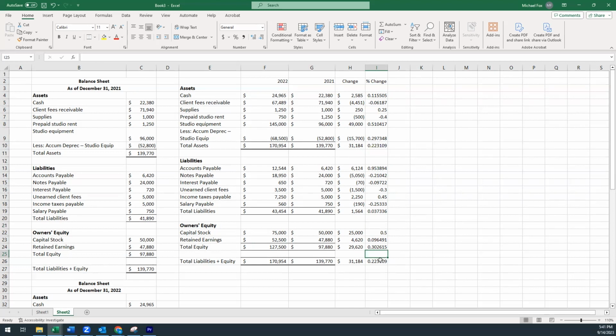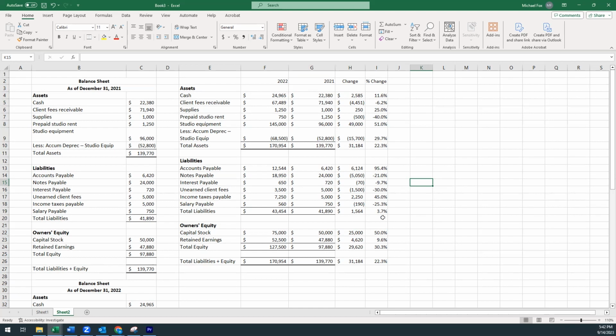And then probably just to make it look prettier to look at, I'll tell Excel, make this a percent and give me 1 decimal. So now I'm able to very quickly compare 2 years side by side by seeing the amount of change that occurred and then the percentage change.